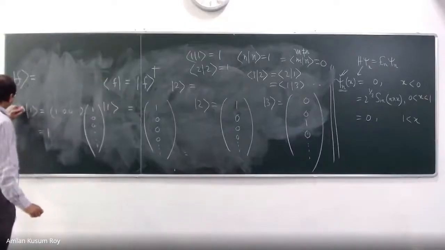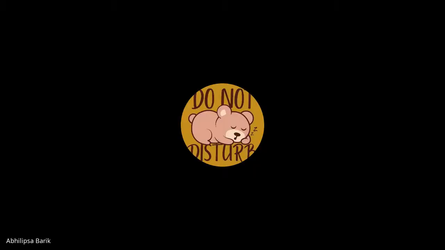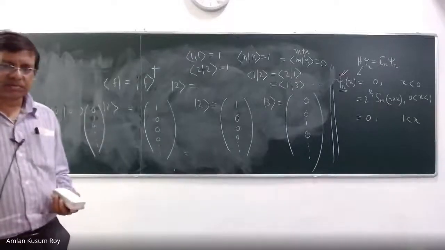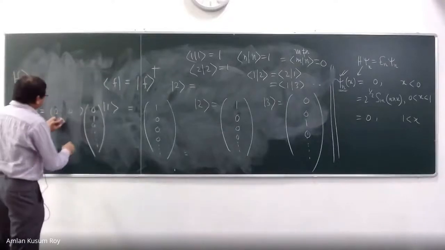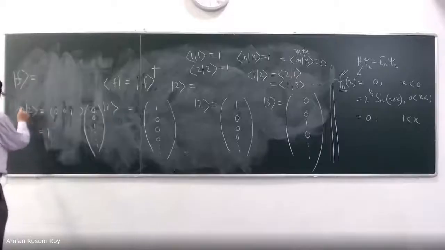If I make it 2, what will happen? You will still get 0, 1. If you get 3, you will make the 1 more. So I will always get 1.